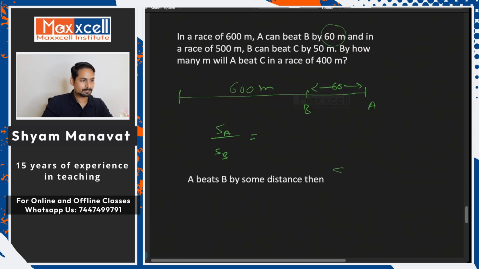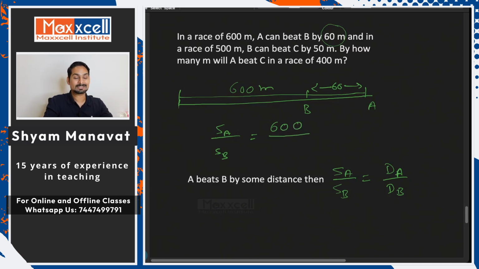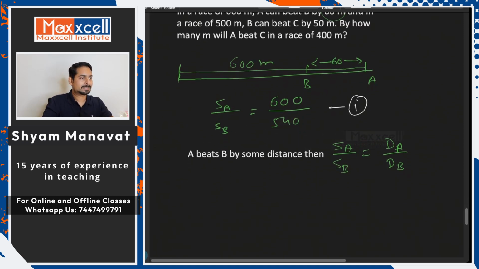Remember, speed of A by speed of B equals distance of A by distance of B, because time is constant, right? So here A is going to cover the entire race, so distance of A is 600, where distance of B is 60 less, so 540. Let me call this equation number 1. Clear? Perfect.